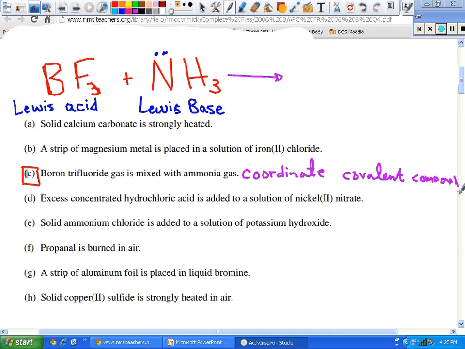And I'm going to show you why I think it's that way. This is what they have. F3B NH3. Well, what I wrote earlier today was this. And the reason they wrote it like that, I think, is because that's how it bonds. Let me show you what I mean.